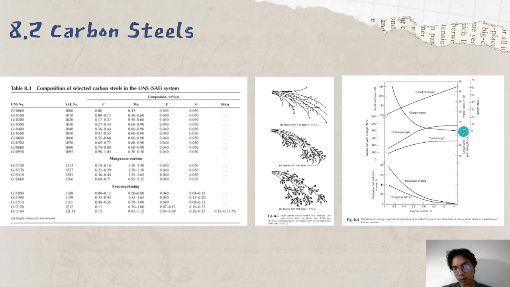And picture 8.4 is the variation in average mechanical properties of as-rolled 25 millimeter, or 1 inch, diameter bars of plain carbon steels as a function of carbon content.